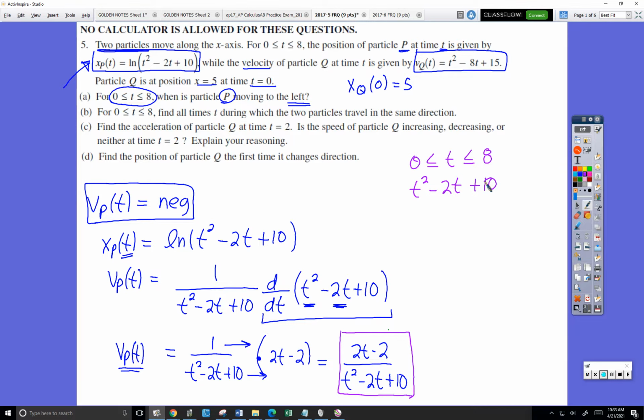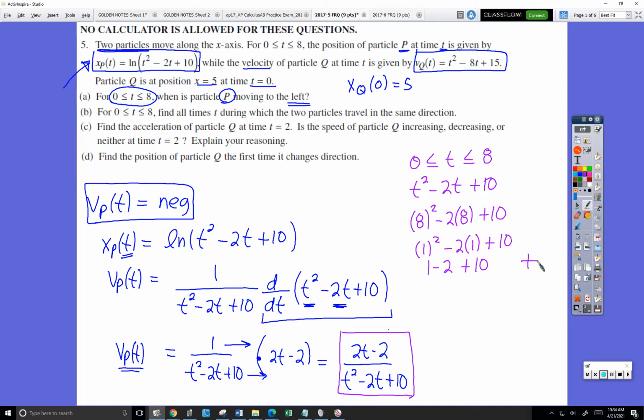If I plug in 8, 8 squared is 64, minus 2 times 8 is 16, so that's positive. If I plugged in 1, 1 squared, minus 2 times 1 plus 10, that's going to be 1 subtract 2 plus 10. That's positive. This is kind of tedious. I just don't know a faster way to do it.